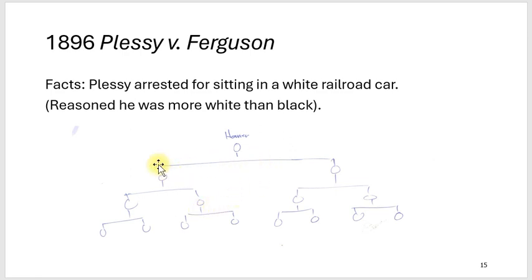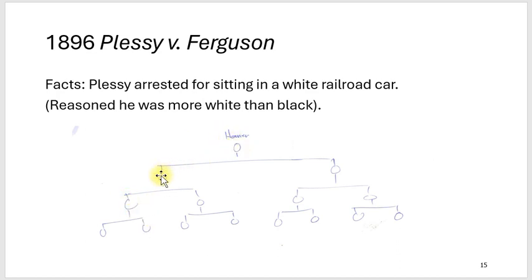And so this would be his father, this would be his mother, this would be his father's father, and his father's father's father. This would be his father, his father's father, and his father's father's mother. So if you look at this, if Homer Plessy is saying, I'm more white than I am black, why is he saying that? Well, his father's father's father was white. His father's father's mother was white, making this guy white.